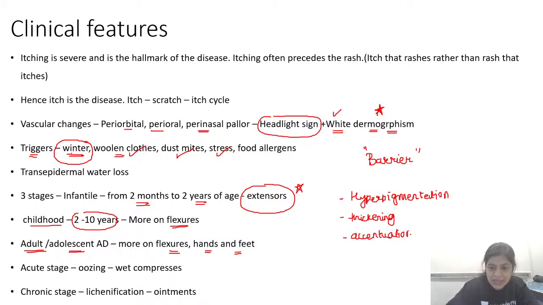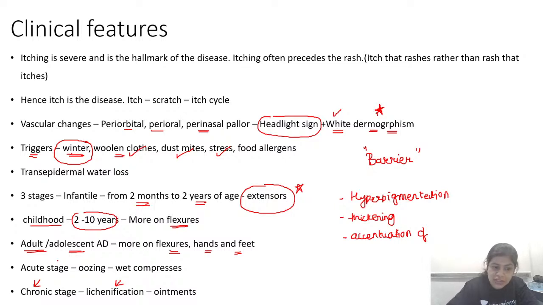So lichenification is a descriptive terminology comprising hyperpigmentation, thickening of the skin and accentuation of the skin markings. Remember, lichenification is again a very important MCQ. It is something that you see in the chronic stage of atopic dermatitis.